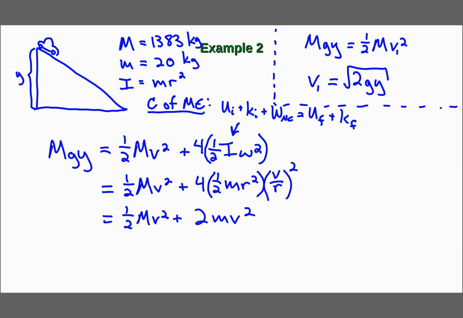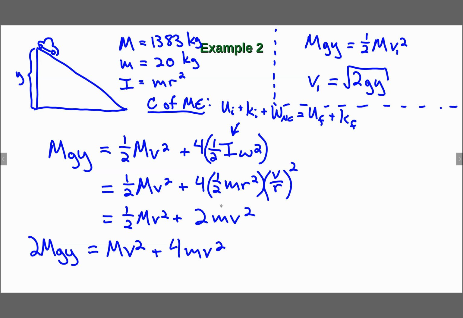And then if I multiply the whole thing by 2, I'll get 2 big M gy equals big M v squared plus 4 little m v squared.